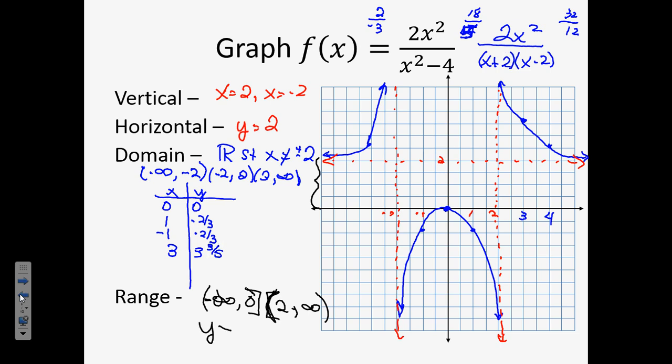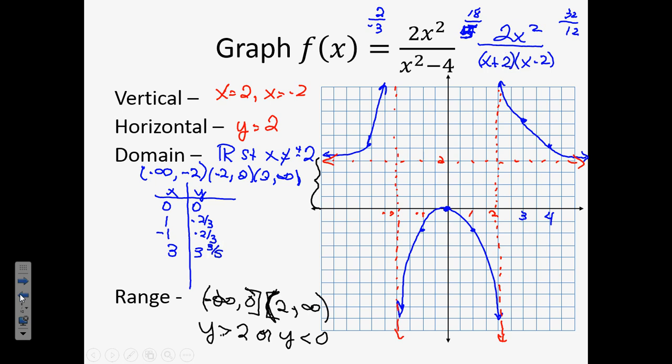Y is greater than 2, or y is less than 0. They're all the same.